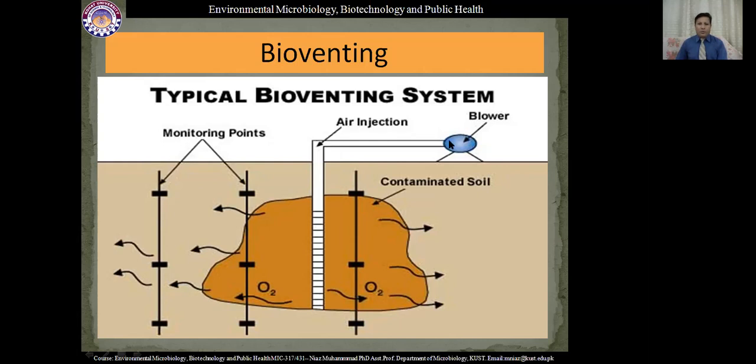So what we will do? With a mechanical source, a blower, we will inject air through this line. Air will enter the contaminant. If microbes are there, this will activate an aerobic environment, and the aerobic microbial population will start to decompose this pollutant.